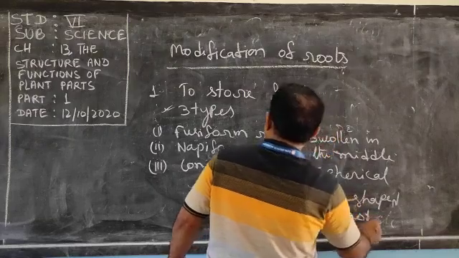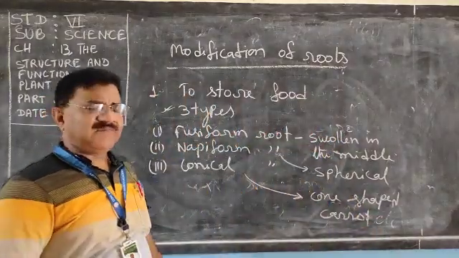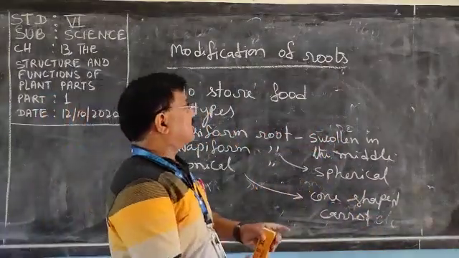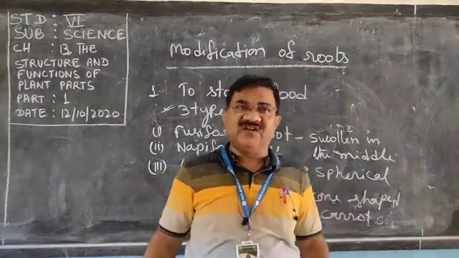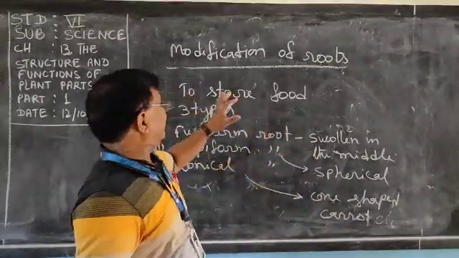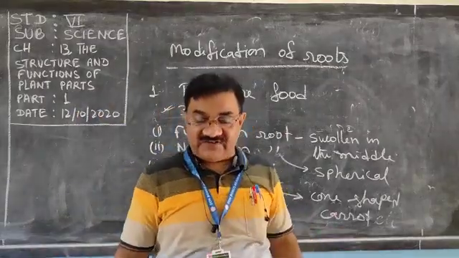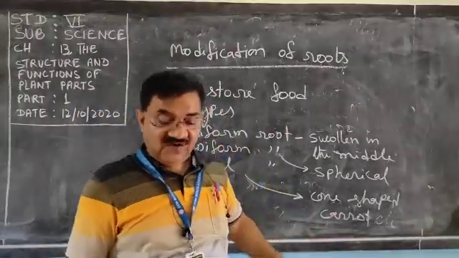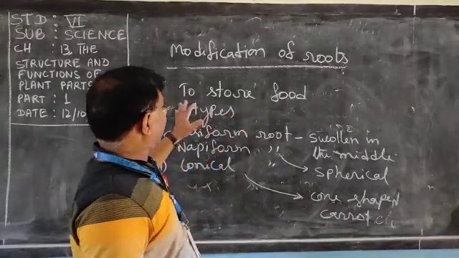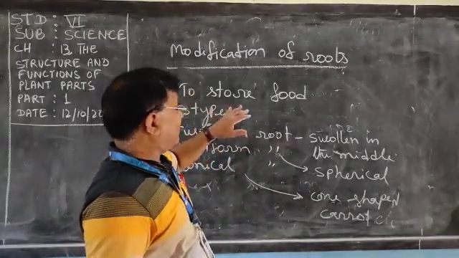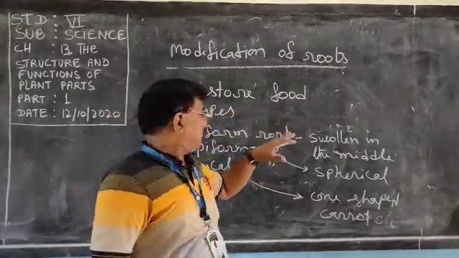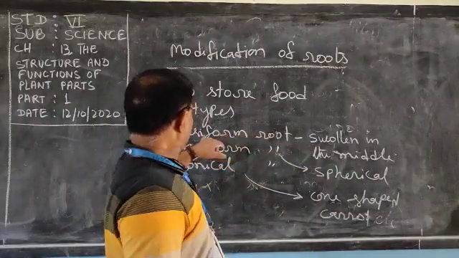Now once more, let me explain. We have seen the main function of root. Other than the main function, its structure is changed for different functions. The first function for which the structure is changed is to store food, and it is of three types.